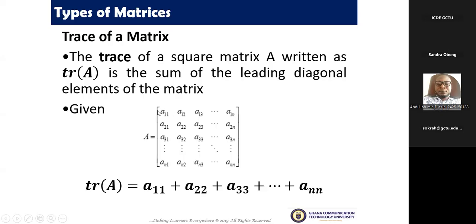So if you take this matrix, this is the main or leading diagonal. When you sum all the elements, A11 plus A22 plus A33 all the way to Amn, the result is what we call the trace, and this is how we identify it.